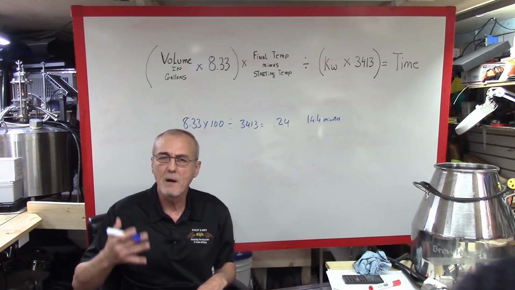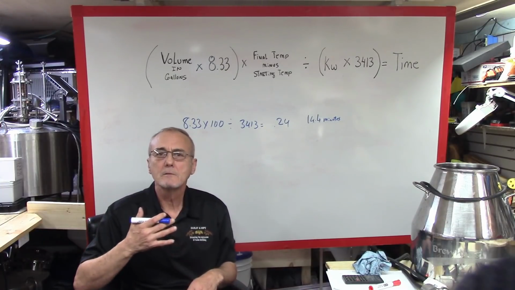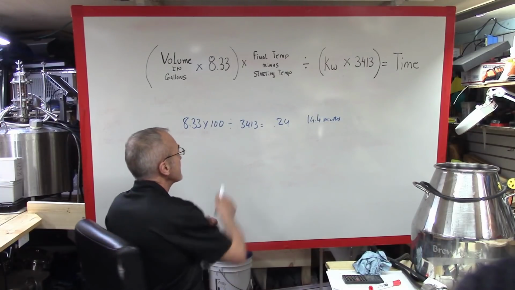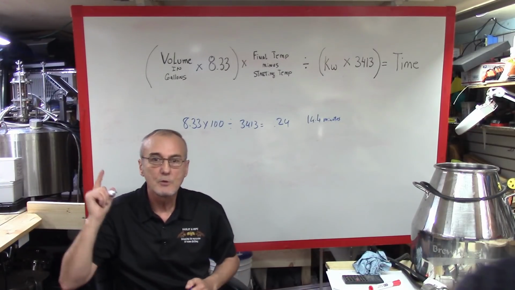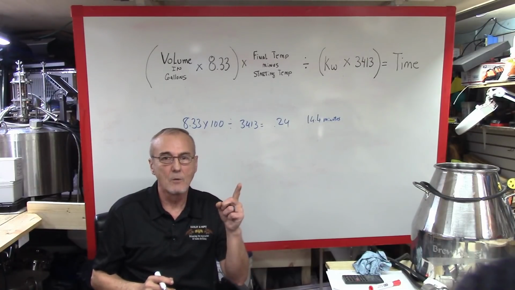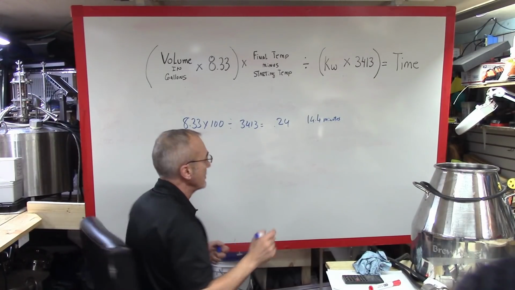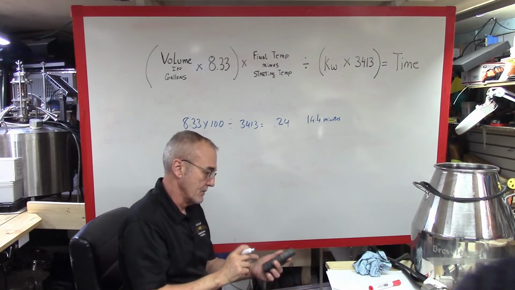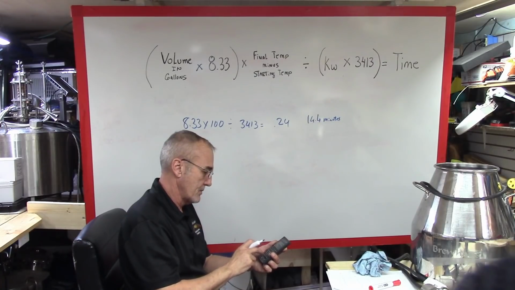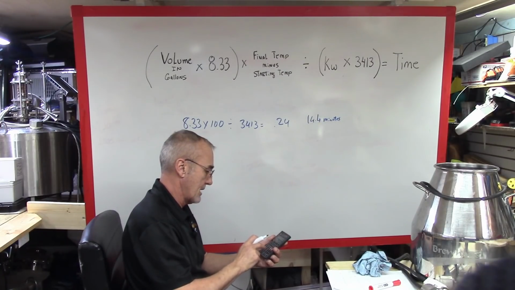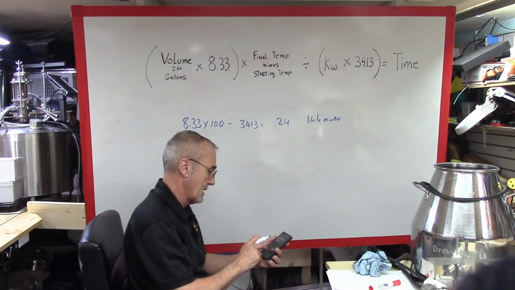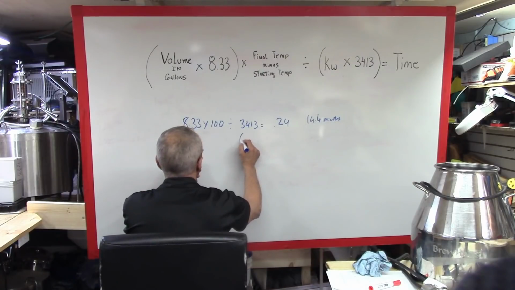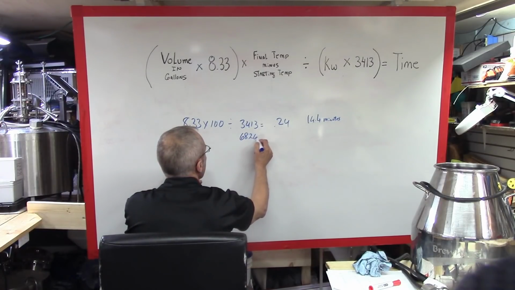So if I increase something, then what happens to my result? Well, if I increase my power or my kilowatts or the number of BTUs that I'm putting in, and let's say, for instance, I go to a 2 kilowatt instead of a 1 kilowatt, that would be 2 times 3413, which is now 6826.